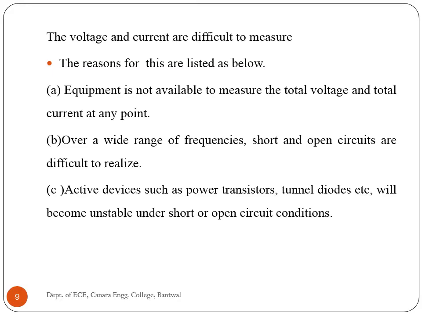Second reason, over a wide range of frequencies, short and open circuits are difficult to realize, and active devices such as power transistors, tunnel diodes, etc. will become unstable under short or open circuit conditions.